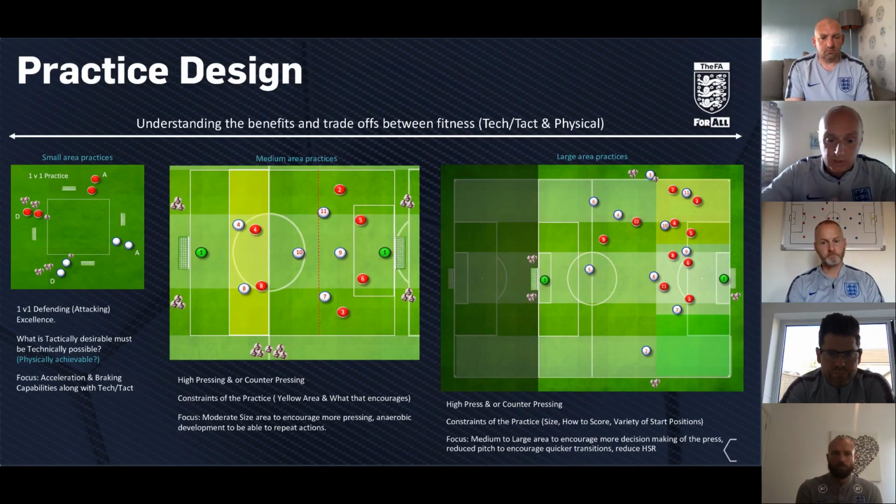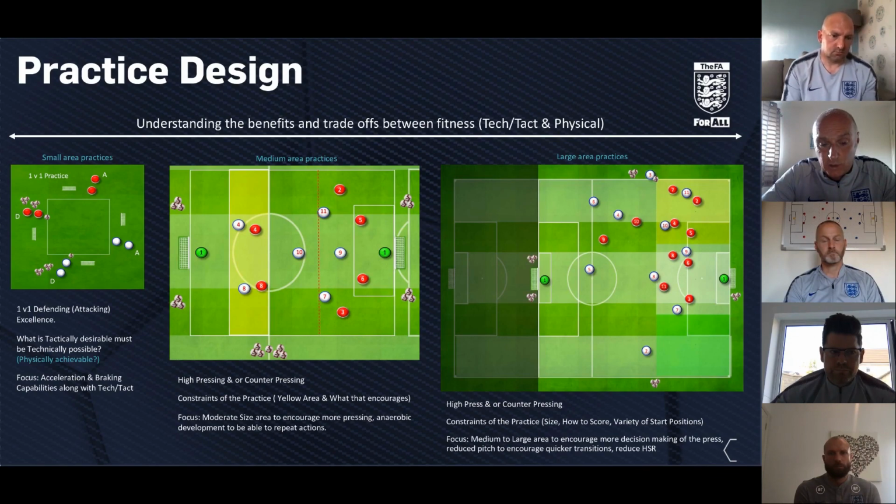It would link to a crossing practice or defending from crosses. It would then link to a player coming back from injury who would be encouraged to not track back, play inside the pitch. So as soon as the ball is turned over, he will obviously get on the ball because he's free. Fullback has to recover back. It might be as simple as that. So these simple constraints just put onto the game will help physical conditioning and physical loading.